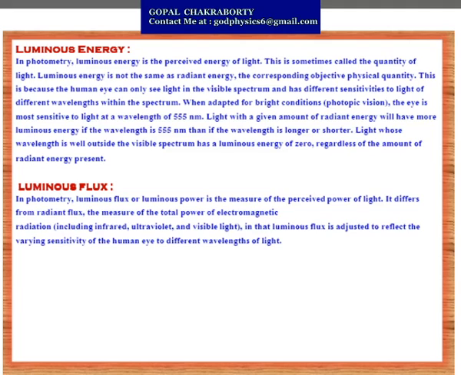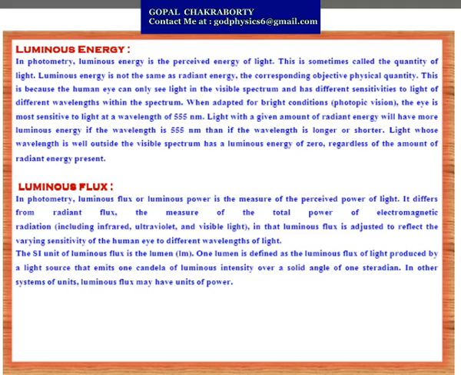It differs from radiant flux, the measure of the total power of electromagnetic radiation including infrared, ultraviolet and visible light. In luminous flux, the power is adjusted to reflect the varying sensitivity of the human eye to different wavelengths of light.